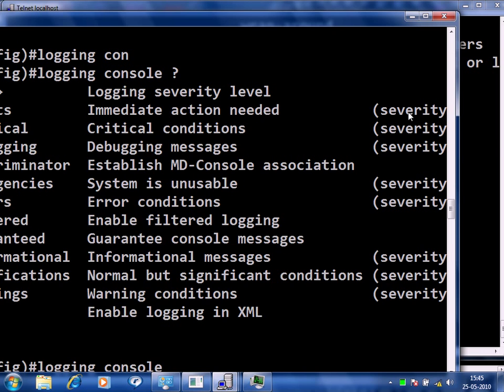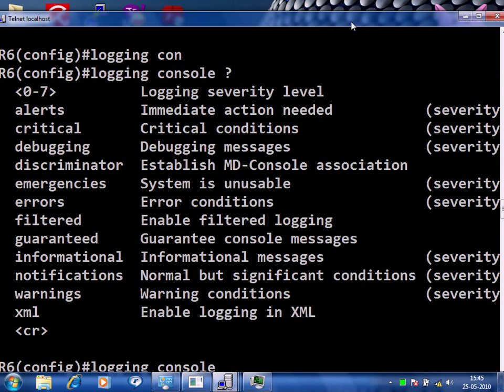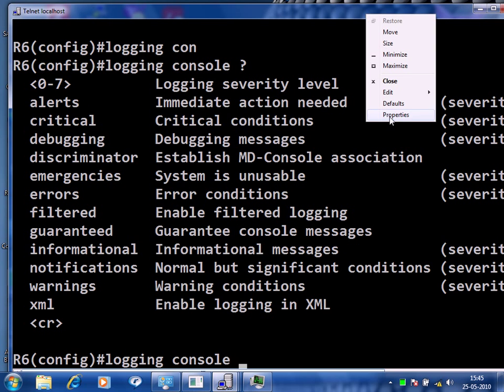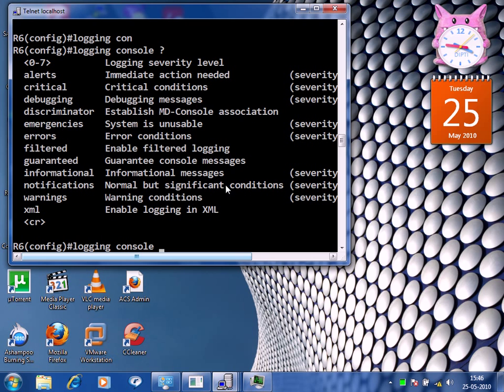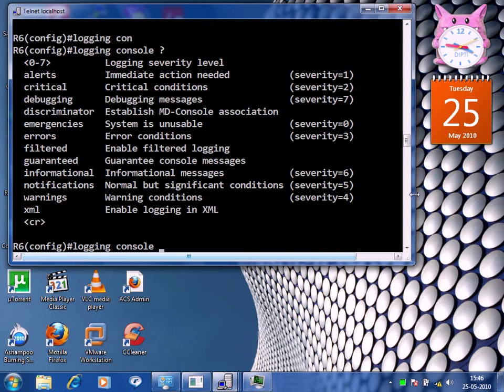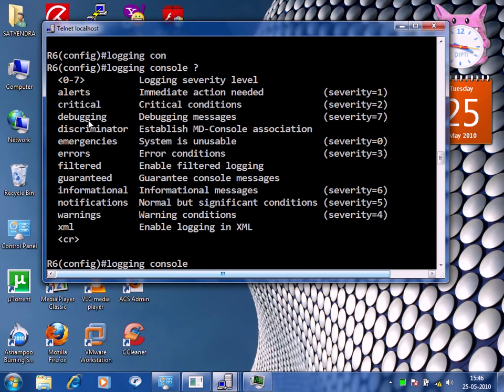Actually, severity is written over here. Okay, now check. See, 7 debugging, 6 informational, 5 notification, 4 warnings, 3 errors, 2 critical, 1 alerts, 0 emergency. And that you have to remember.